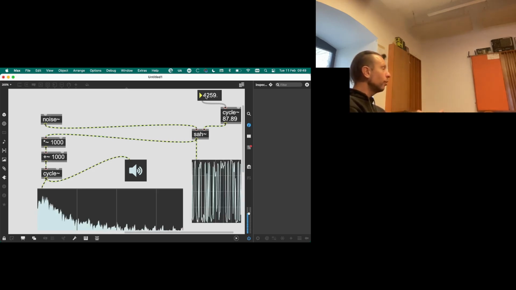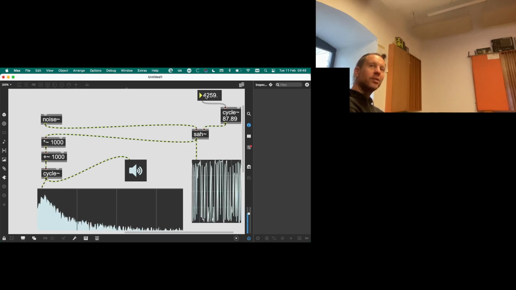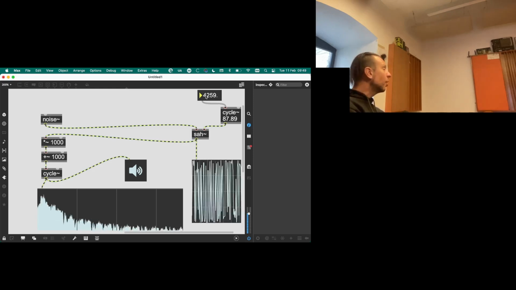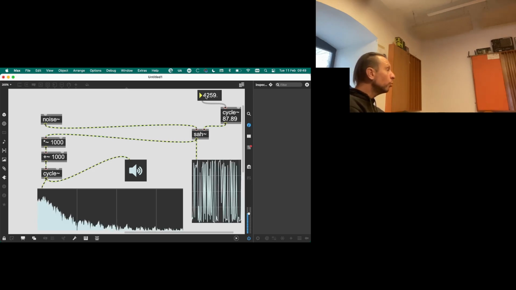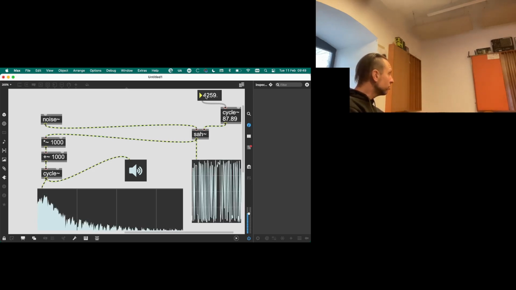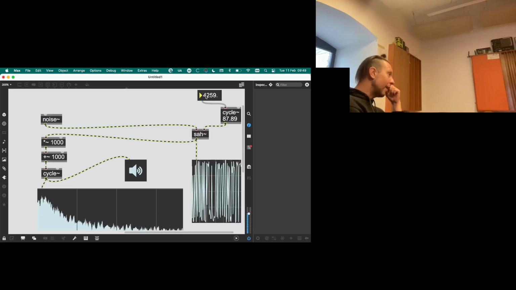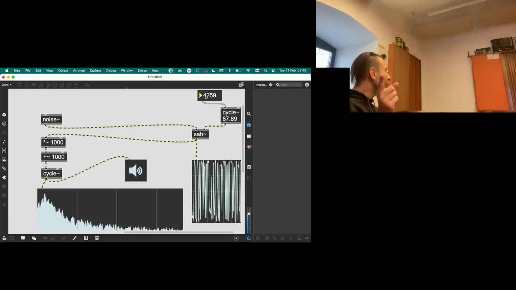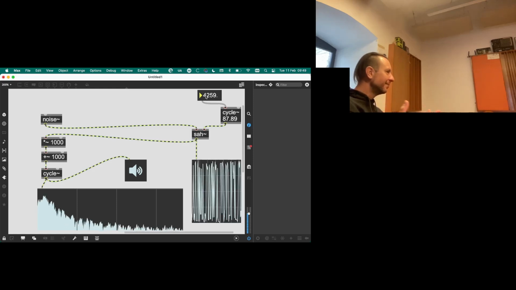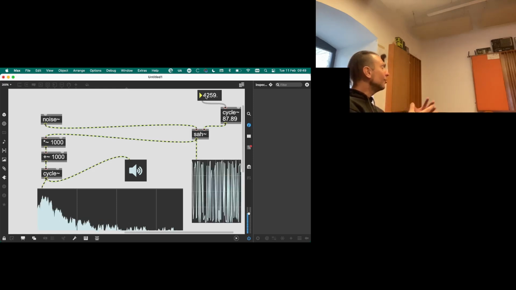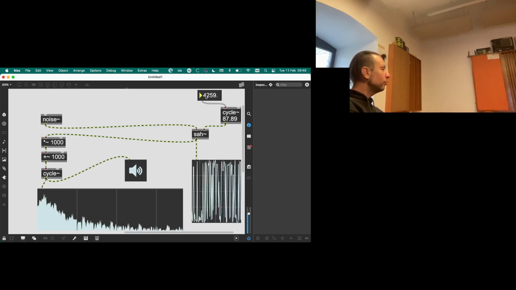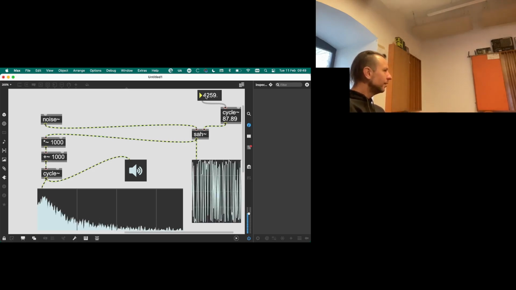And once you start to understand these things, you can actually come up with really interesting new synthesis ideas. And if you don't, then you will realize that you think you have a new idea and you try it and it sounds the same. So that will be your testing method to see, do I actually understand?